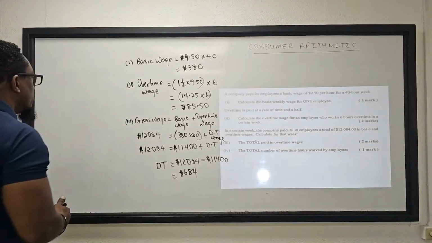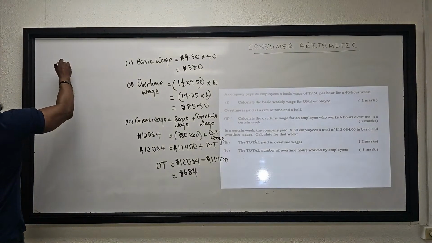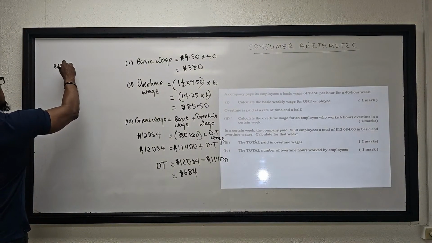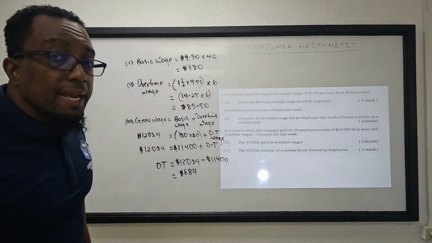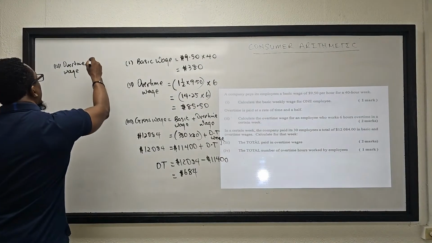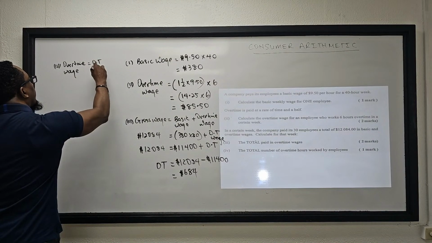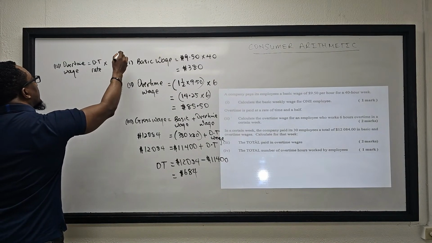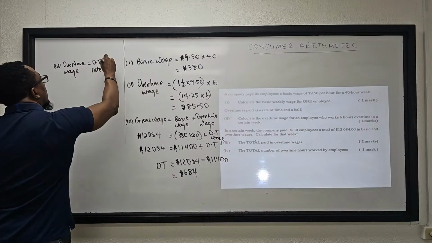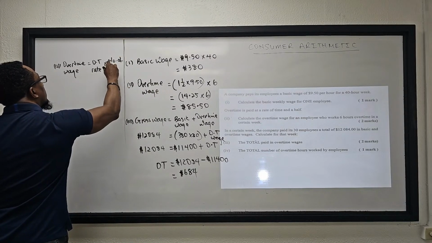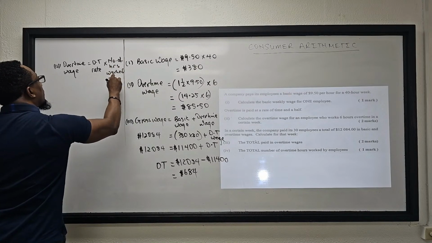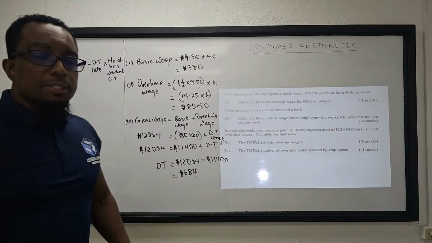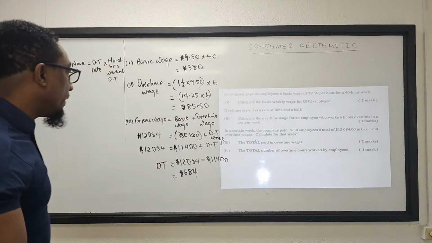So, part 4, the overtime wage is equal to the overtime rate multiplied by the number of hours worked overtime. That's a formula.